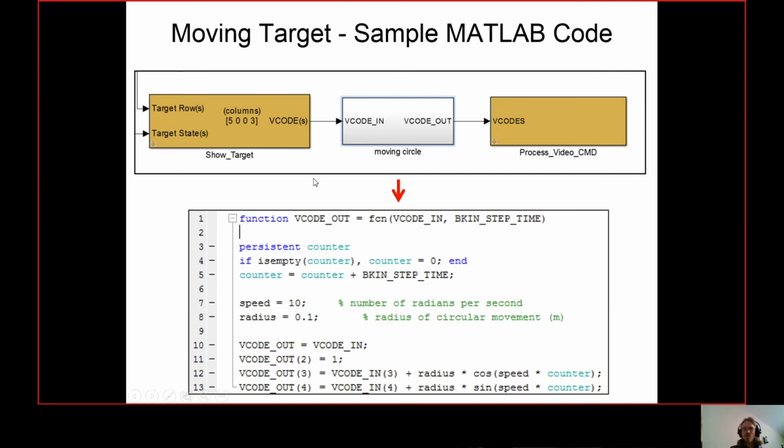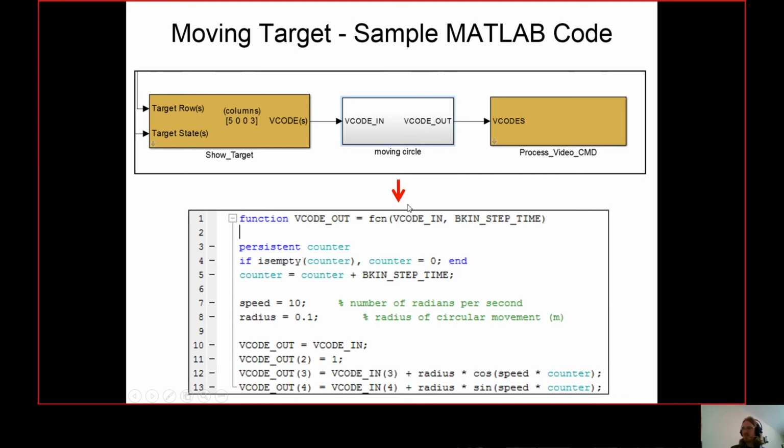So if you want to do a moving target, most of the time the easiest way to do that is going to be to break out and do some embedded MATLAB code. So in this case, we start out with a show target block that's going to create our basic target, in this case a circle, and then we pass it into an embedded MATLAB block.